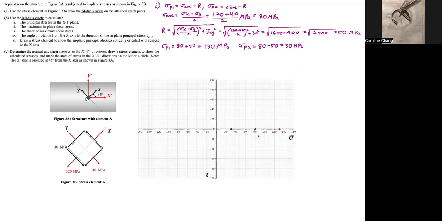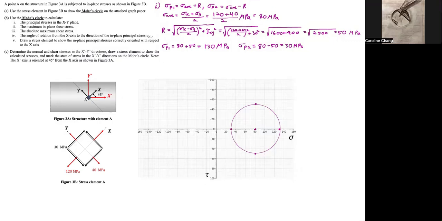And the radius over here is equal to 50 megapascals. And to graph the radius, we can map over here the 50 and the -50. And if we connect these points, we will get our Mohr circle. So here's our Mohr circle graphed.